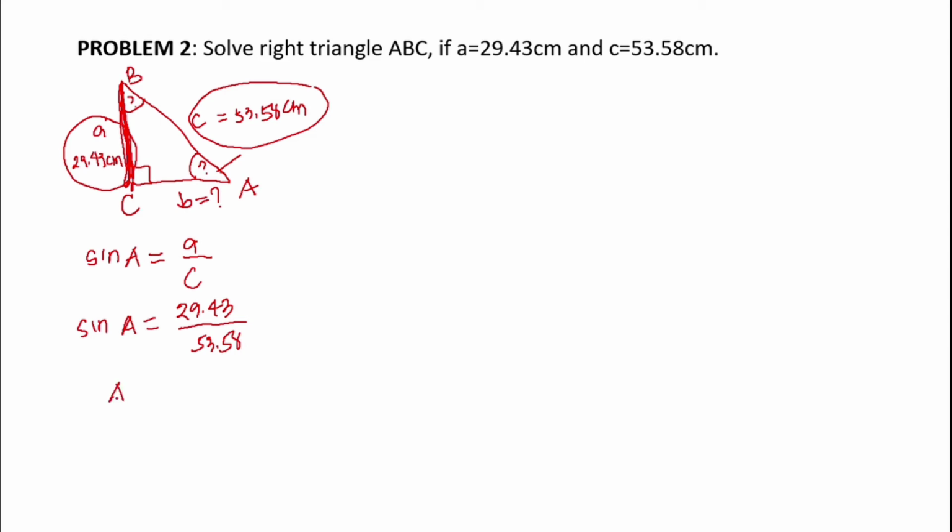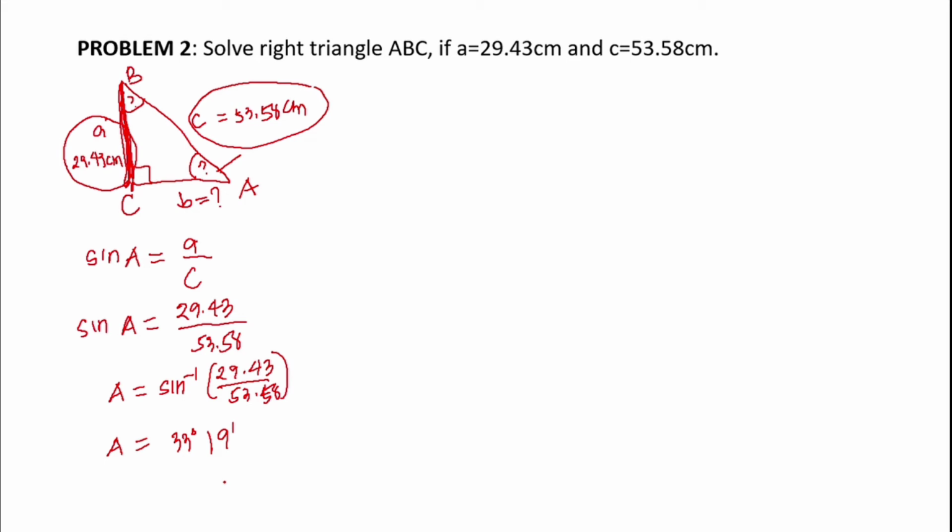To solve for A, we have to get the inverse function of 29.43 over 53.58. If we use the calculator, that is equal to 33 degrees and 19 minutes. So that is our angle.